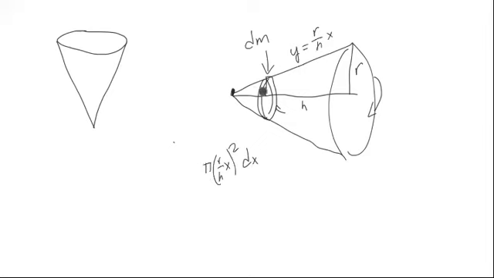Now, if we want to find the centroid of this, we find the average of this, like our dm. We take our x, because x is like the function we're finding the average value of, so it's x times your dm.